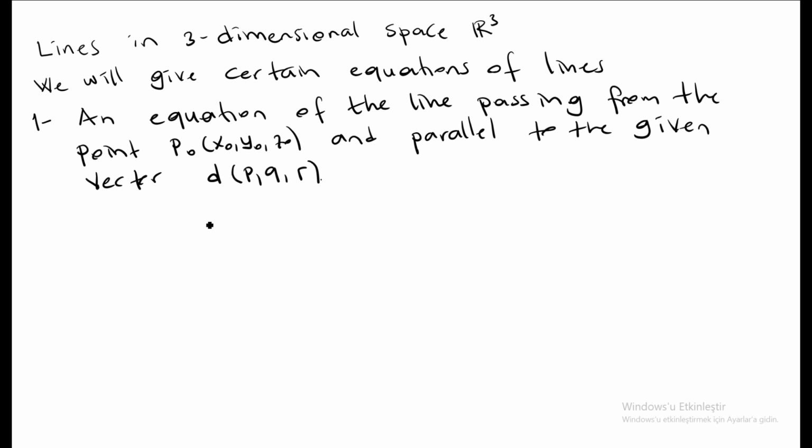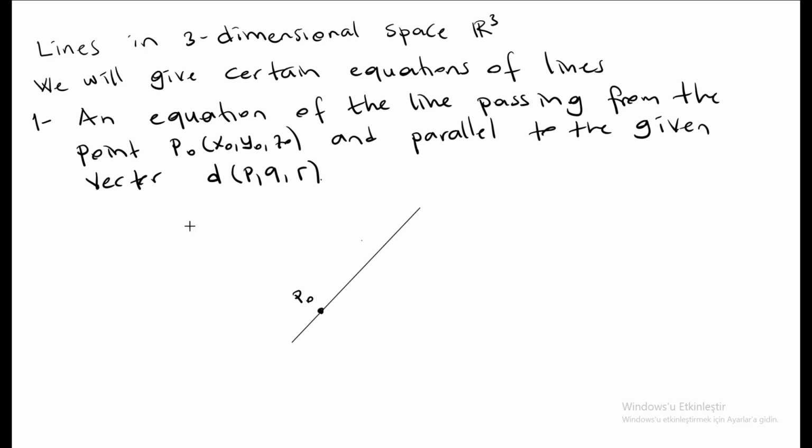Okay, let's say our line is this. This is our line. So here we have a point, let's say here, or let me choose here, P sub 0.